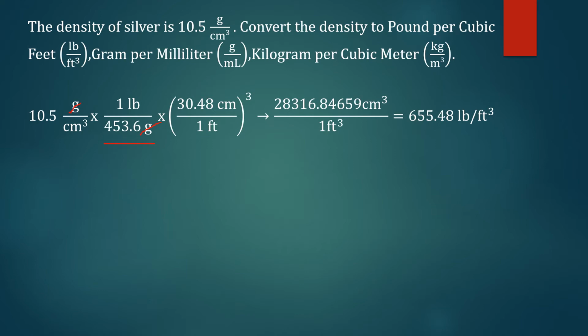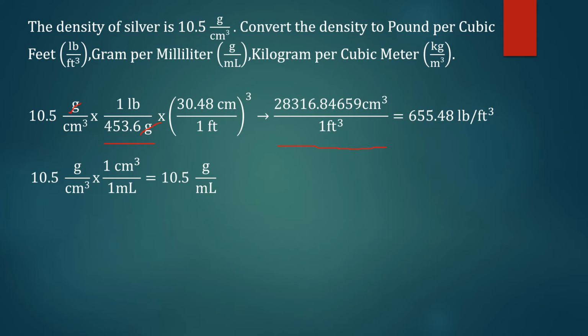And then after that, we'll be using this. So we'll be solving out the needed operations, and we will be arriving at the answer 655.48 pound per cubic feet. Okay, so now to grams per milliliter.